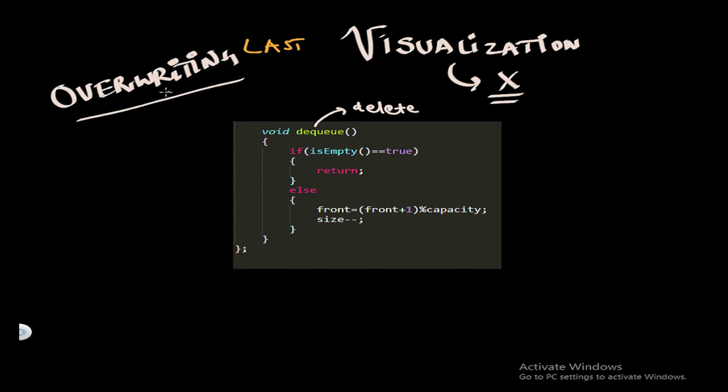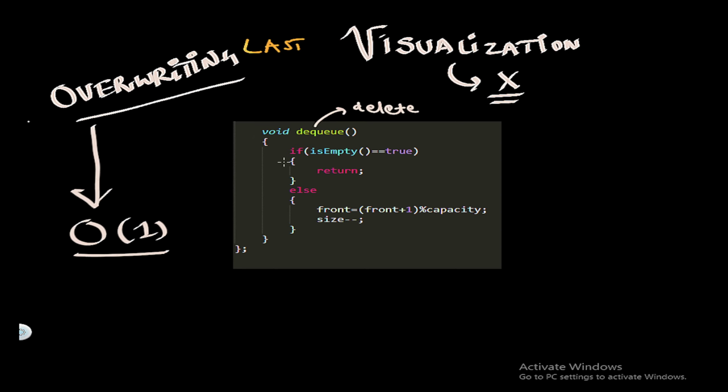That's why we are able to achieve big O of 1 complexity. I will again highlight this part. This part is very important. We are not deleting anything. We are just overwriting it.